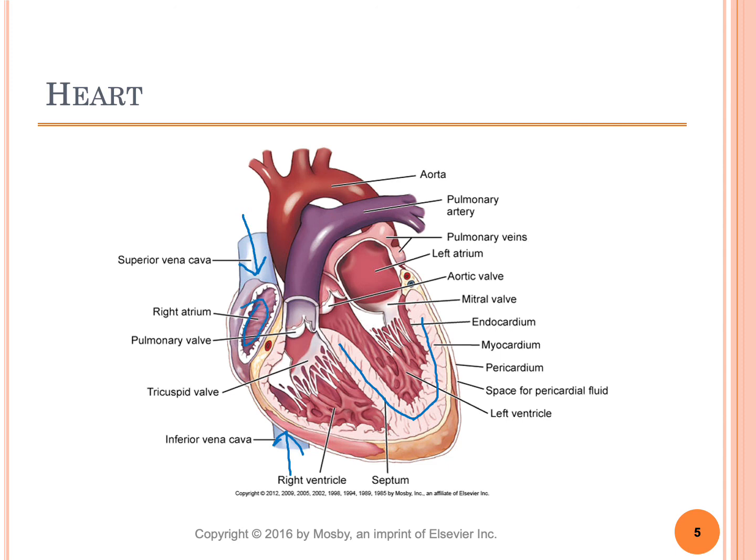So blood is going to go into the right atrium, and then it's going to flow down through the valve called the tricuspid valve. I always remember that: tri, right. Always try to be right. That way you can remember that the tricuspid valve is on the right side. So blood flows from the right atrium through the tricuspid valve into the right ventricle.